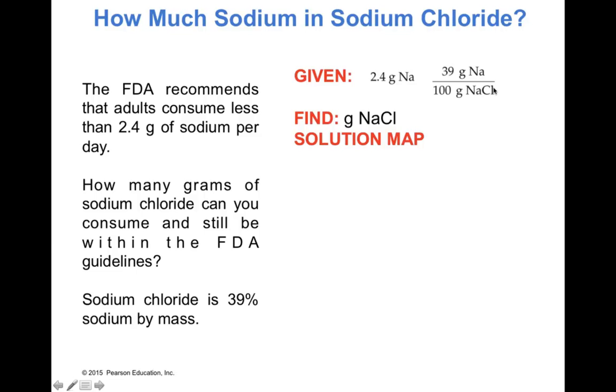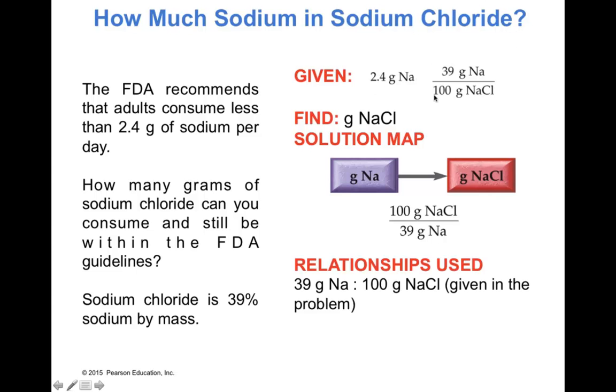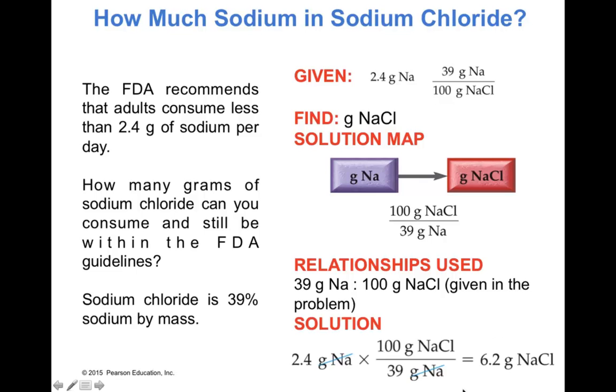And we know that we need to go from the mass of sodium to the mass of sodium chloride by using the conversion factor of the mass percent composition. So we can multiply 2.4 times 100 and divide it by 39, and this will give us the mass of sodium chloride that we need to eat every day to obtain the amount of sodium recommended per day by the FDA.